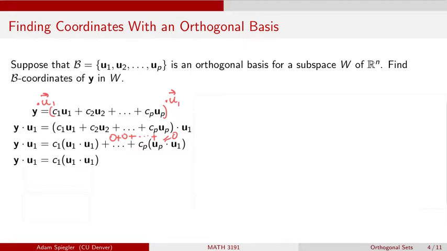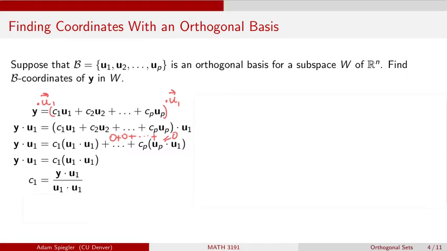So namely, I can divide both sides by u1 dotted with u1. So now we've got this nice result that given any vector y in this subspace W, we can find the first B coordinate c1 by taking y inner product with u1 and dividing that by u1 inner product with itself.